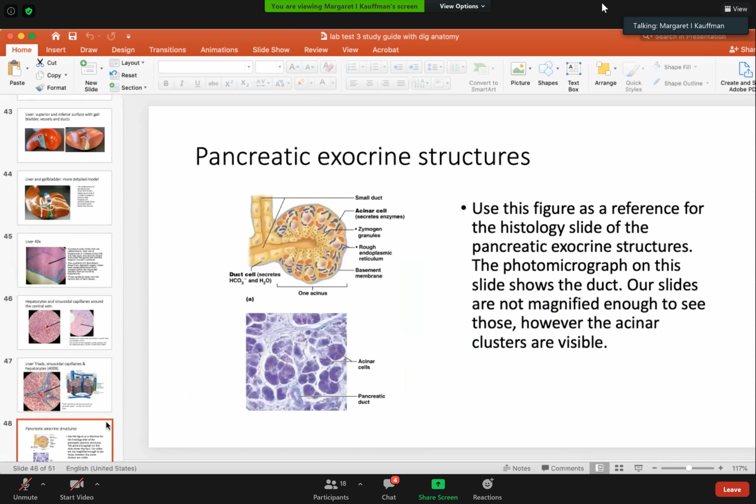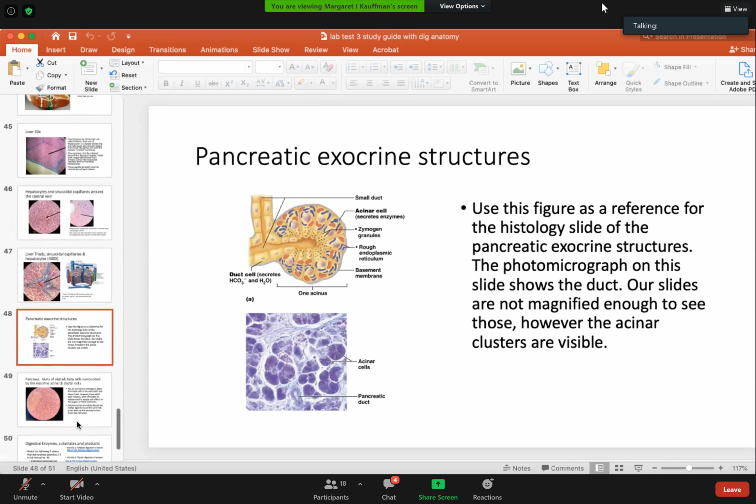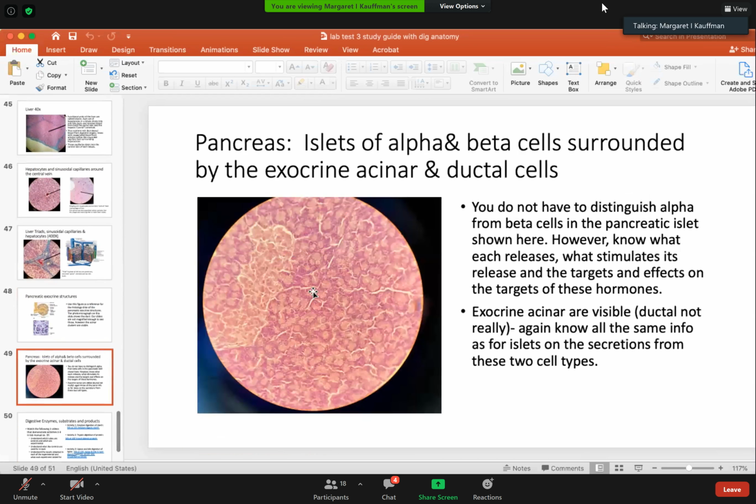And then for the ductal, you'd have to use this picture. And for our slides, the acinar and the alpha and beta cells, again, they're listed here. Is that something you need, do you think? Might I say draw at least this at 40X, label these things. Do you need a list like that? You can answer me in chat if you do. Yeah, I think that would be helpful.